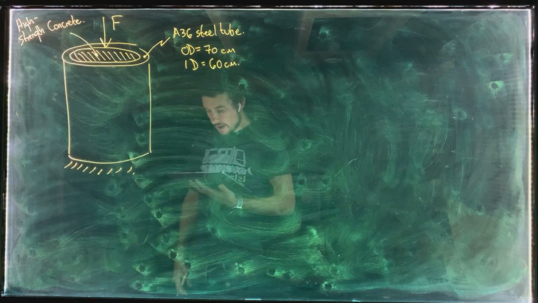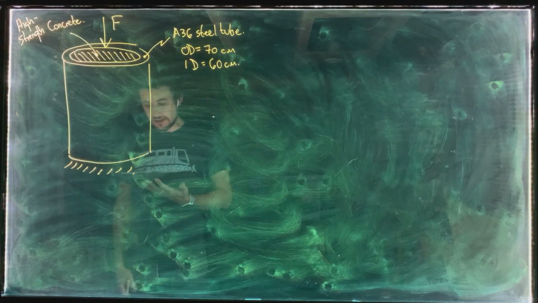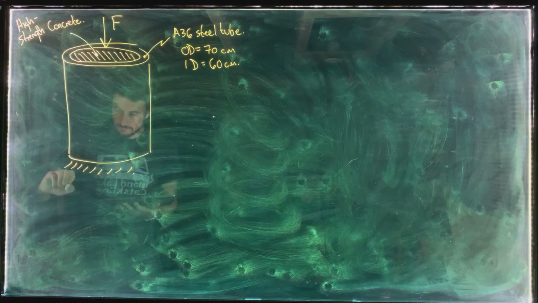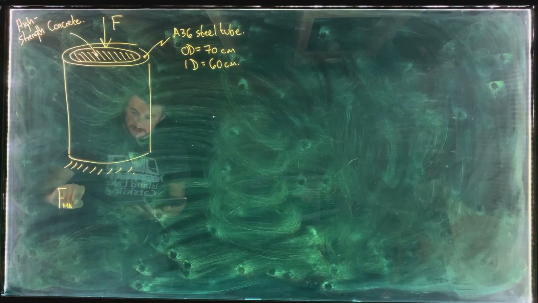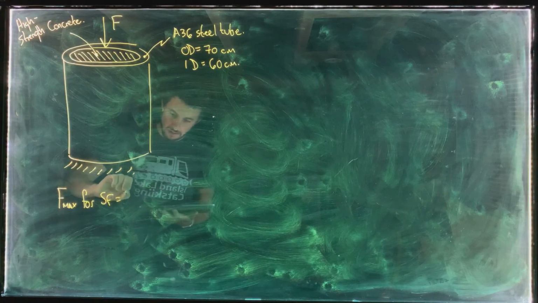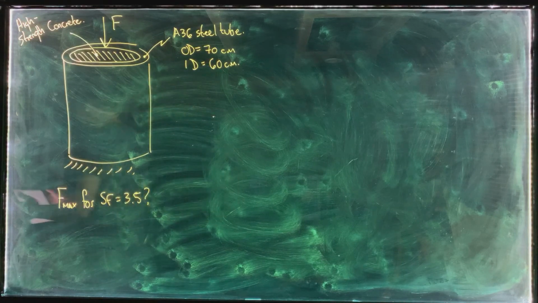What is the maximum load F that the column can carry for a safety factor of 3.5? So F max for a safety factor of 3.5 is the question that we want to answer.